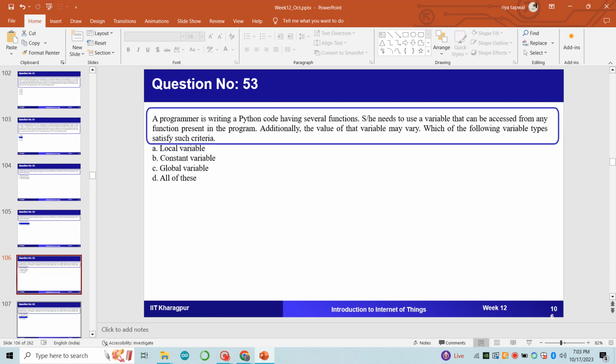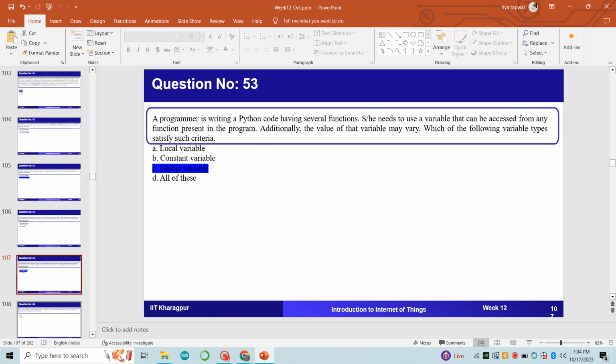Options are local variable, constant variable, global variable, all of these. Global. Option C. Right, option C is correct.